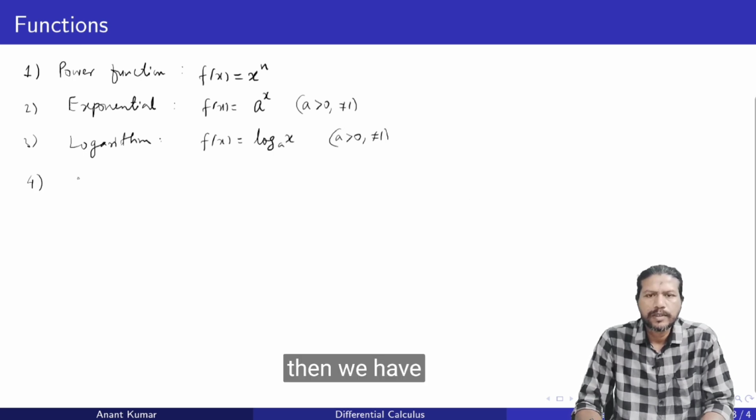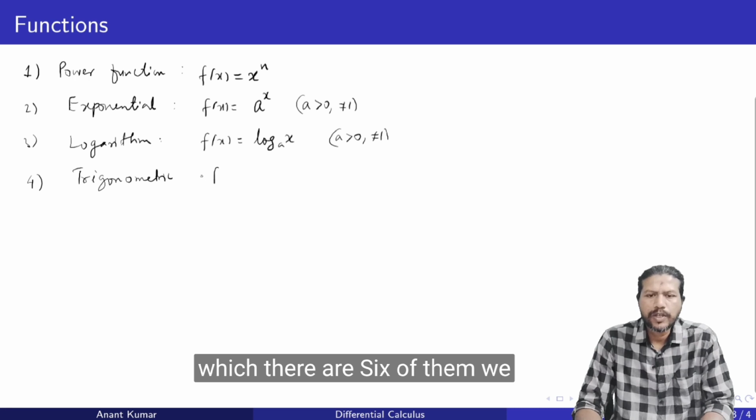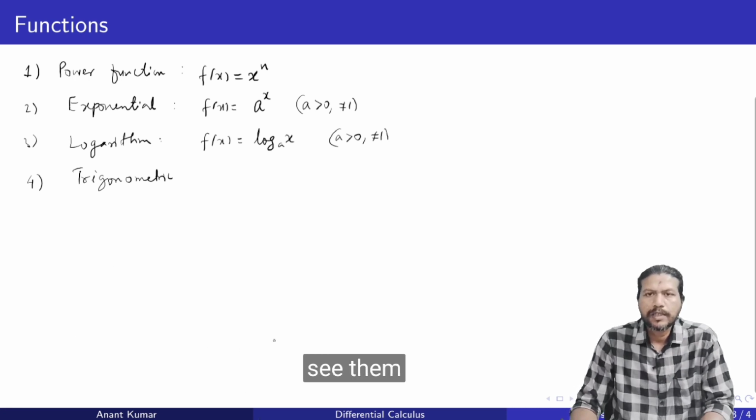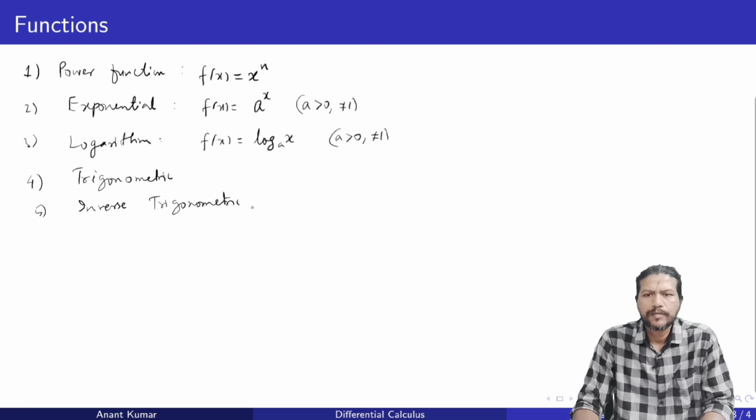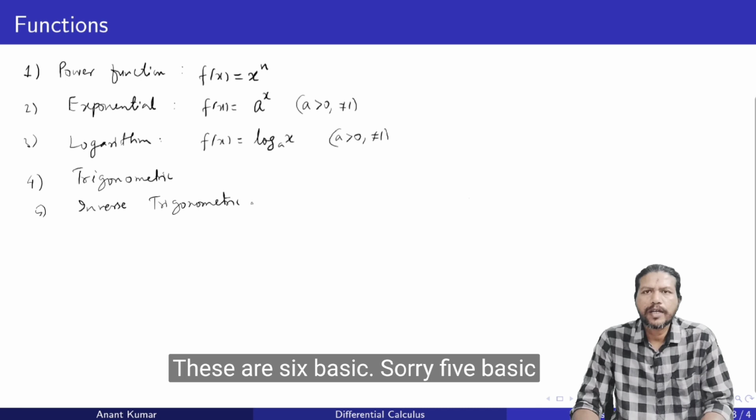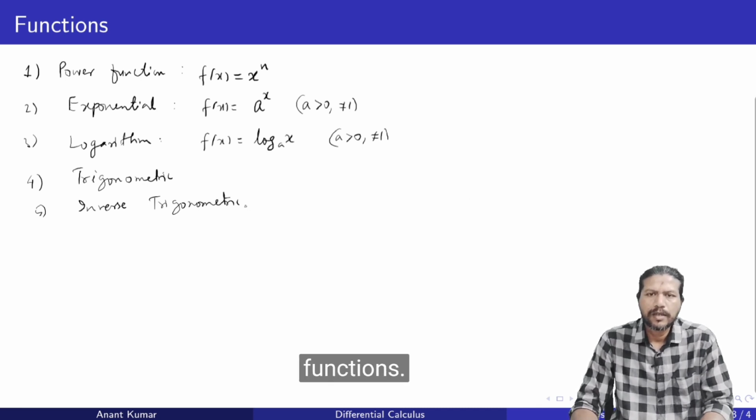Then we have the trigonometric functions, of which there are 6. We shall see them later. And we have finally the inverse trigonometric functions. These are 5 basic categories of functions.